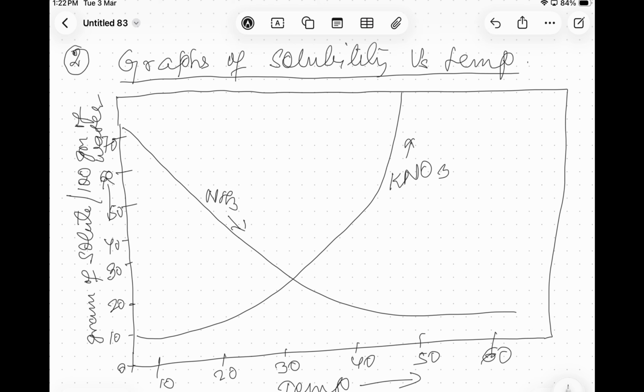Take another example, sodium nitrate, it goes like this. NaNO3. If you are taking the example of sodium chloride, it is almost constant.